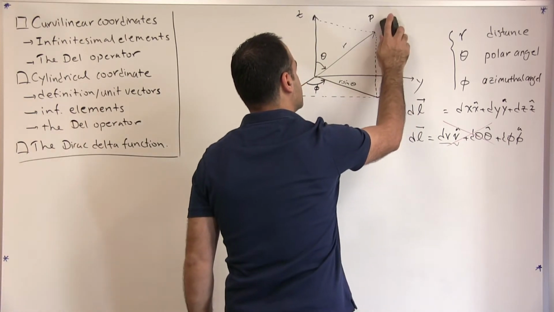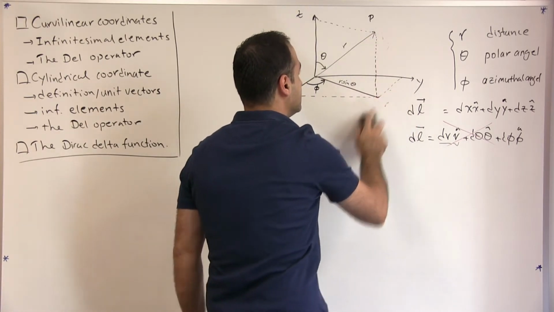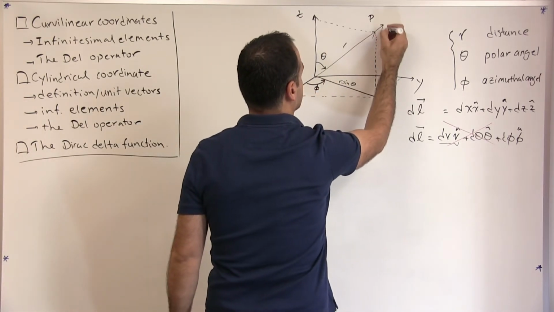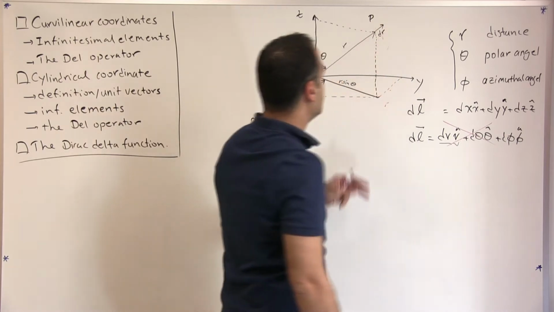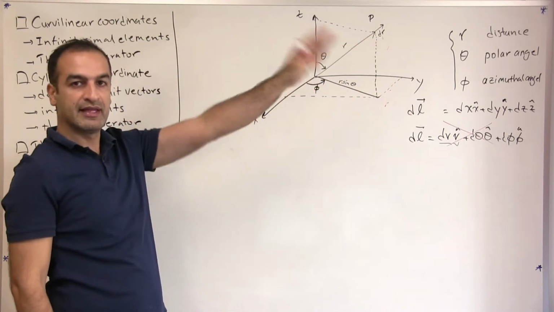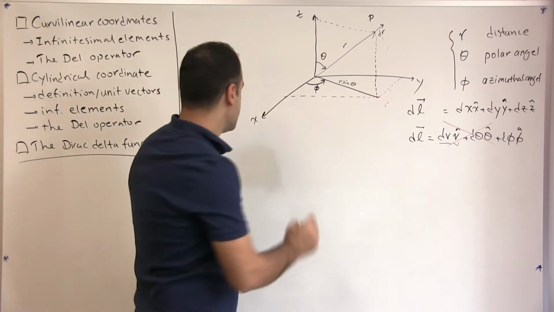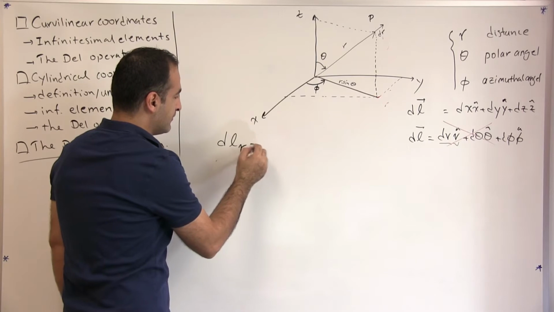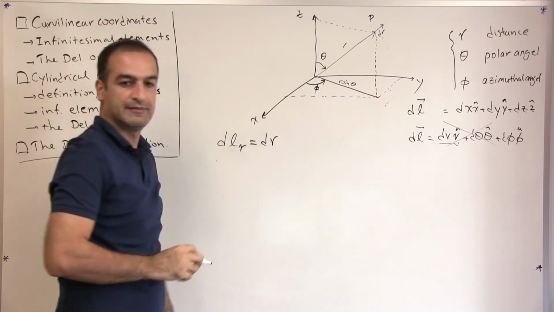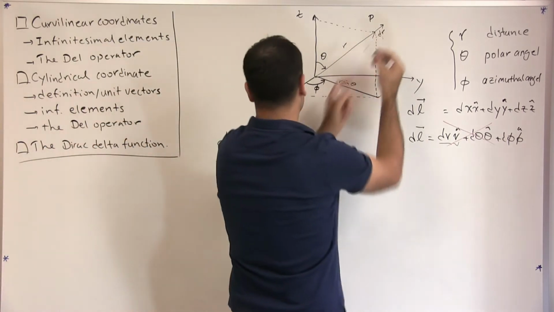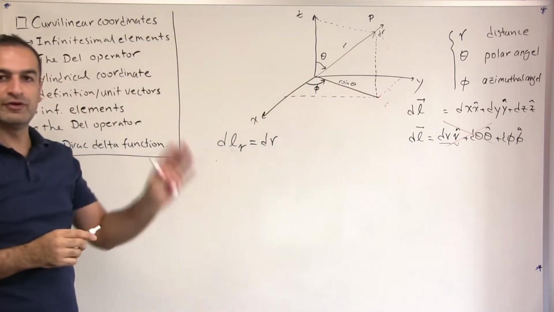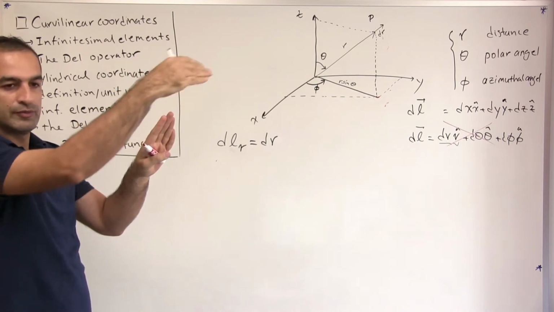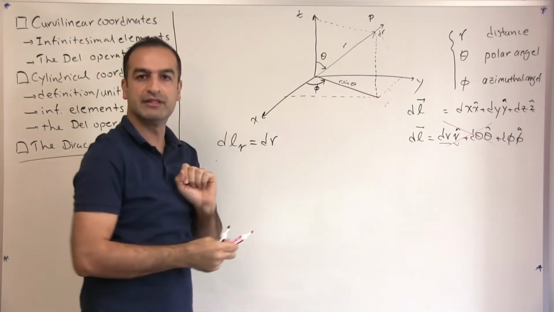Let me get rid of these unit vectors. So if we move one small step here with the distance dr, keeping theta and phi constant, any move, let's say dl in the r component, can be written in terms of dr, because that little step is dr. So for the r component, it's relatively easy. You increase r a little bit, and your point moves. How much? The amount is going to be dr.